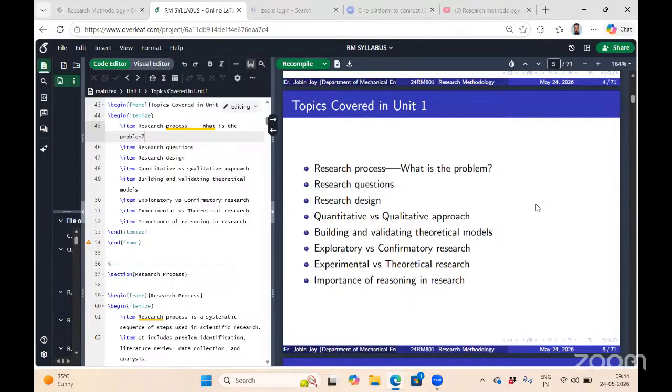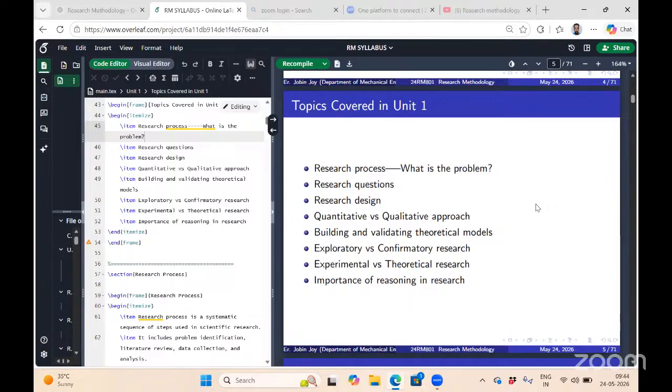So these are the 9 steps involved in the research, starting from the problem identification. After that, conducting a detailed literature review, then formulation of objectives and questions, hypothesis development, then research design selection.